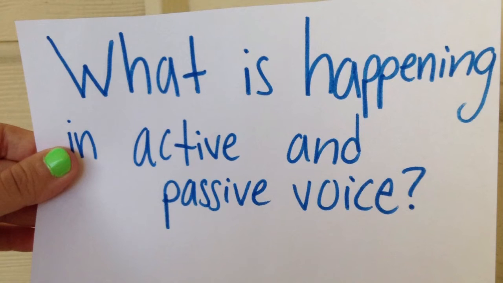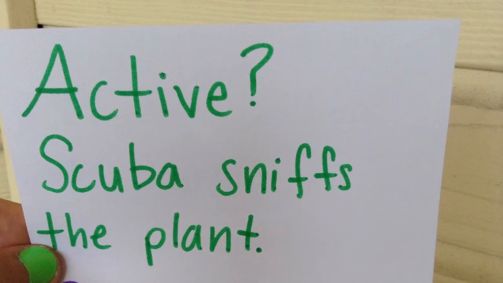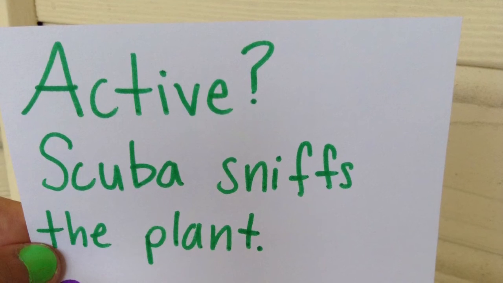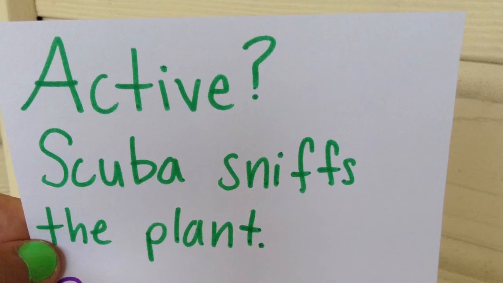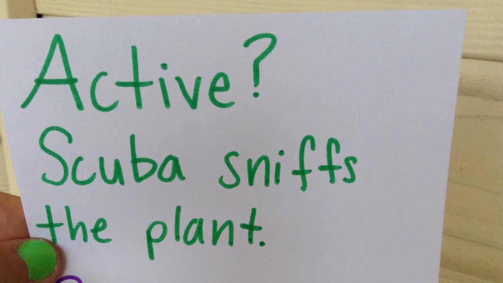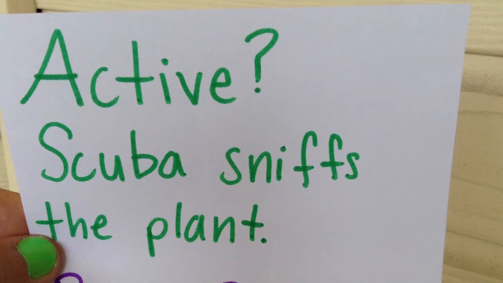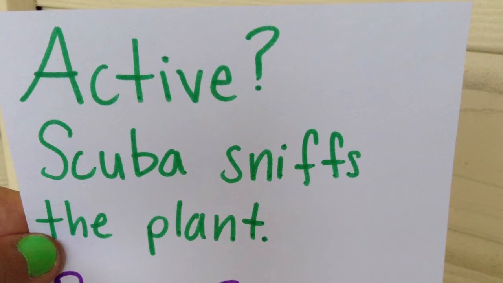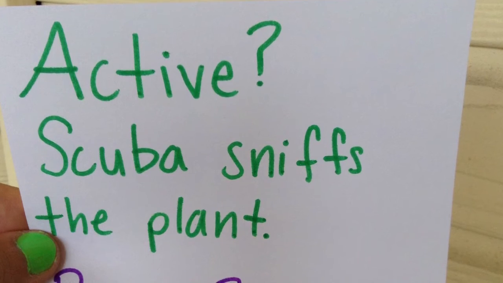Let's think about what was happening in this video in active and passive voice. In the active, Scuba sniffs the plant. Scuba, the subject, comes first. The plant, the object, comes after the subject. And we see a direct relationship between the subject, Scuba, and the object, the plant.